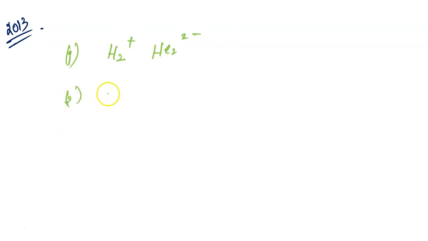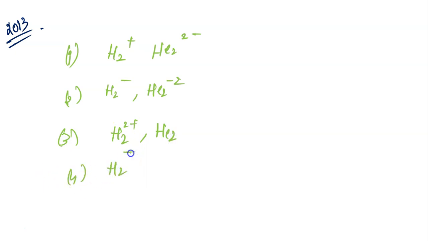Option number 2 is H2 minus and He2 minus 2. Option number 3 is H2 2 plus and He2. Option number 4 is H2 minus and He2 2 plus.